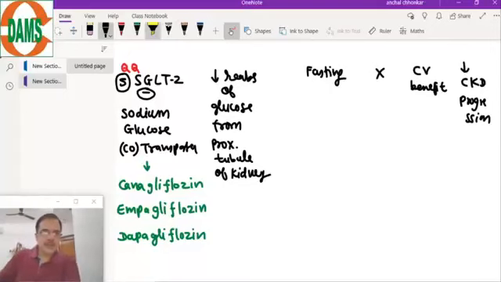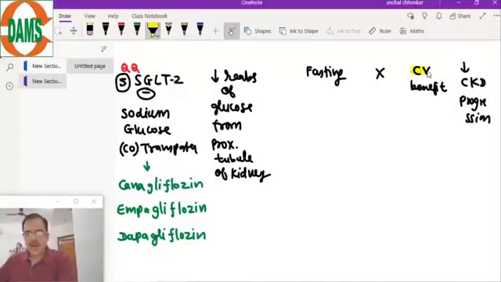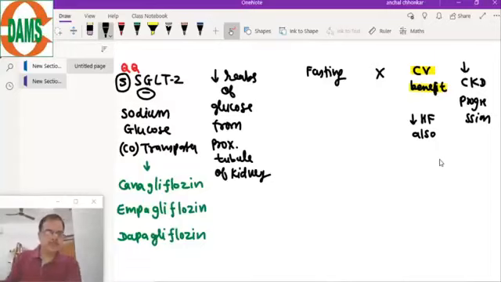So these two important benefits make them a very useful drug. Cardiovascular benefit: they decrease heart failure. Reason is they act as a diuretic, so they decrease the plasma volume.